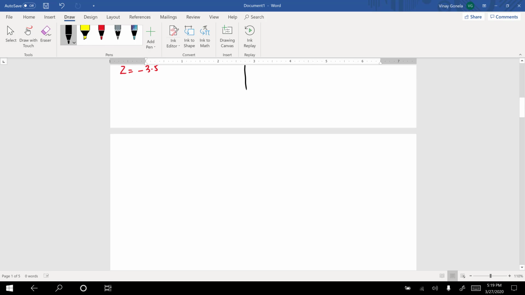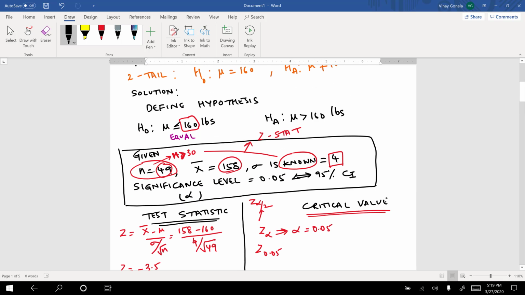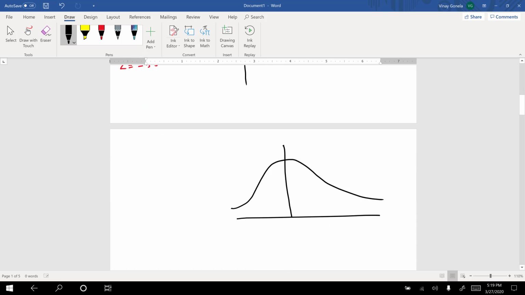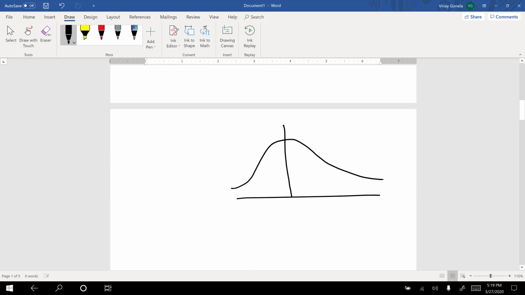I will draw a normal curve. This is how a normal curve looks. Since the president is saying at most 160, if this is the population mean curve, mu is equal to 160, and we are asked to do it for 95% confidence or significance level of 0.05.